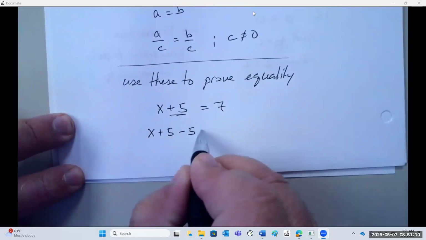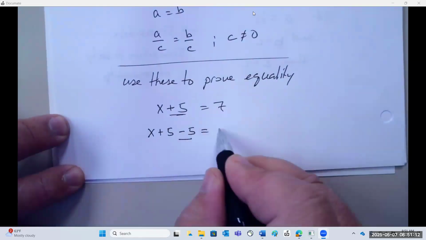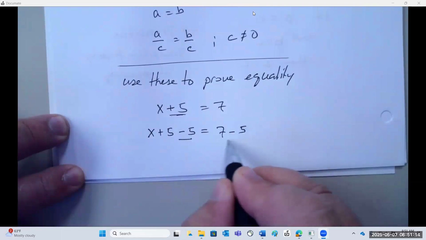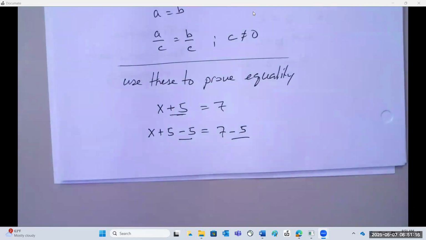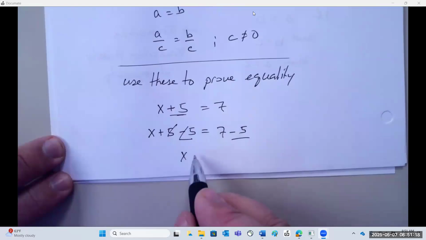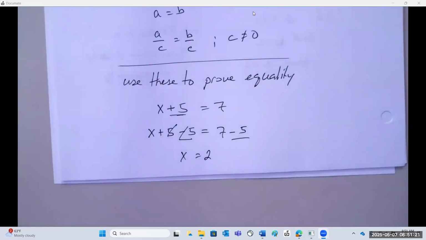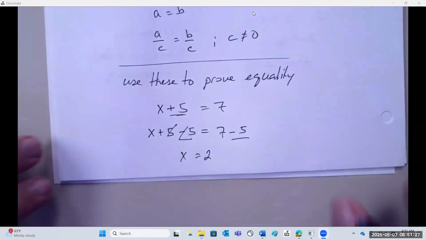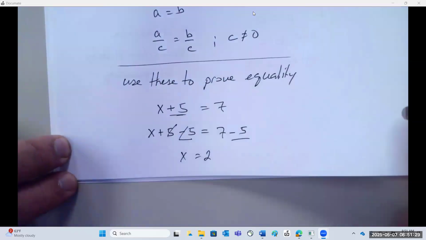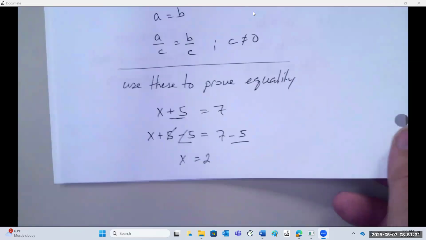I subtract by 5. Since I subtracted by 5 here, I have to subtract by 5 here, which is why we use these properties to help us solve for variables. Those are called the cancellation properties.